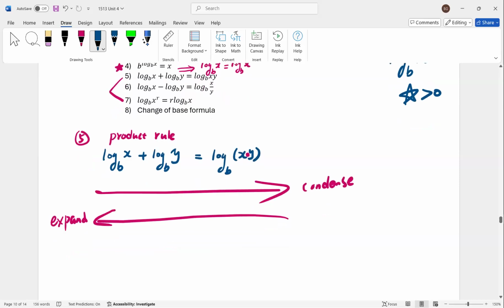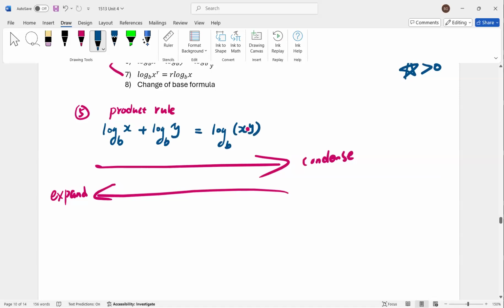Okay, yeah. So in this topic, we only explain or try to make sense of the formula. Next problem, we are going to use them. All right. So this is number 5. Number 6 is called the quotient rule.